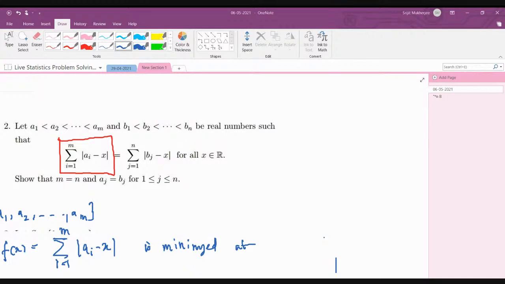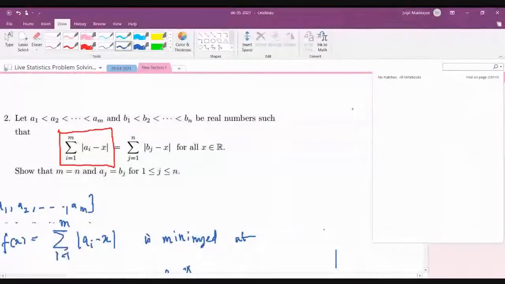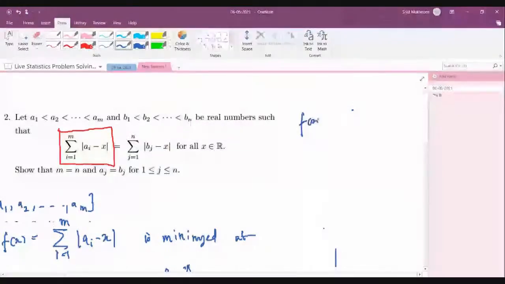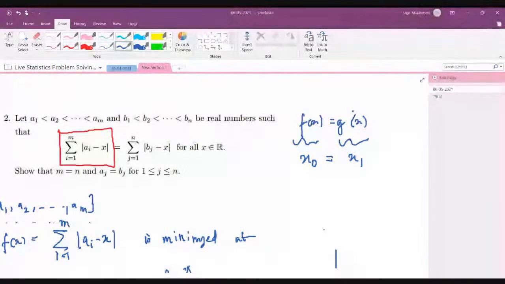We have got that fx is equal to gx. Say x naught is where the minimum of one is happening, and x1 is where the minimum of the other is happening. They must be equal because the functions are the same, right? Can you understand this simple point, guys?